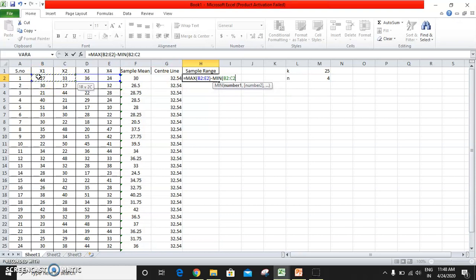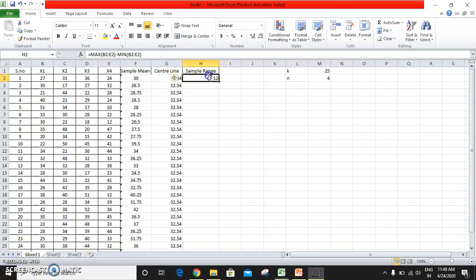So this way we got the sample range. For the rest of the cells also, we can find the sample range by just double clicking here, or you can also find it by introducing the formula of your choice.